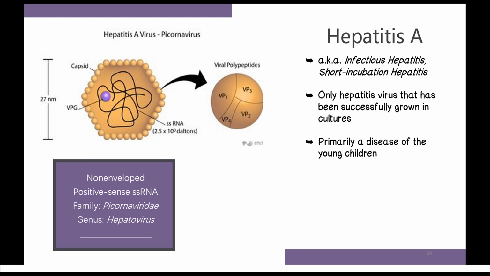Hepatitis A is non-enveloped positive sense single-stranded RNA. Again, positive sense because the viral RNA itself will act as an mRNA that can be directly translated to viral proteins. Hepatitis A belongs to the family of Picornaviridae under the genus Hepatovirus.